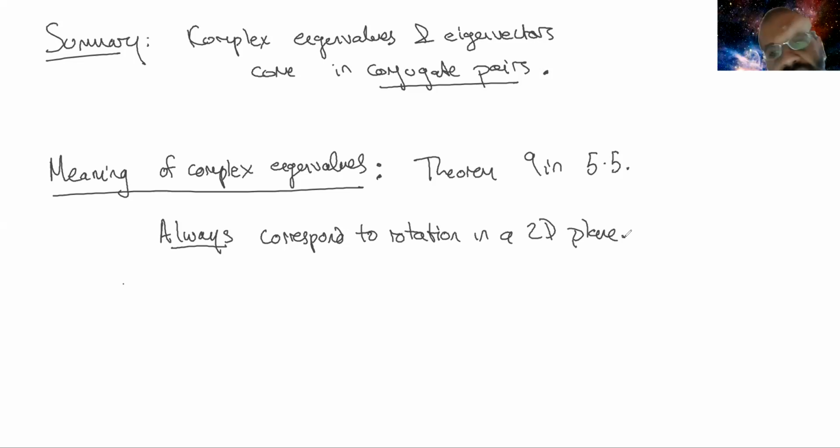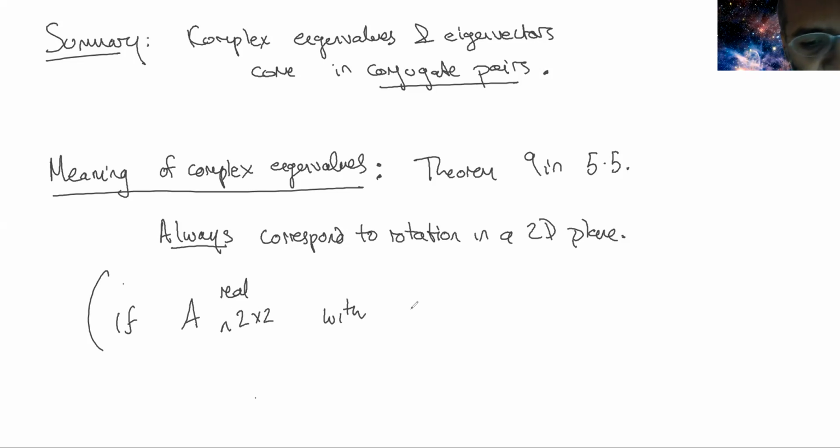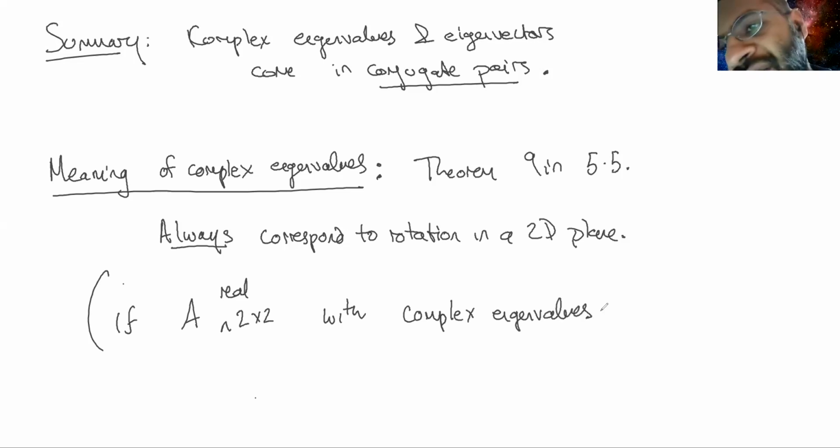If you read the theorem in the book, it says that if A is a real 2 by 2 matrix with complex eigenvalues, then, by the way, one of them has to be the conjugate of the other one.